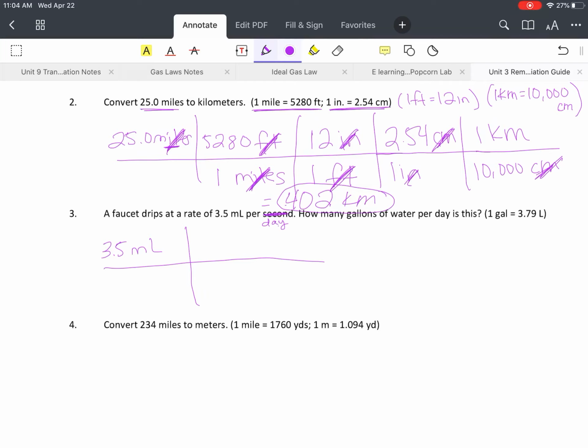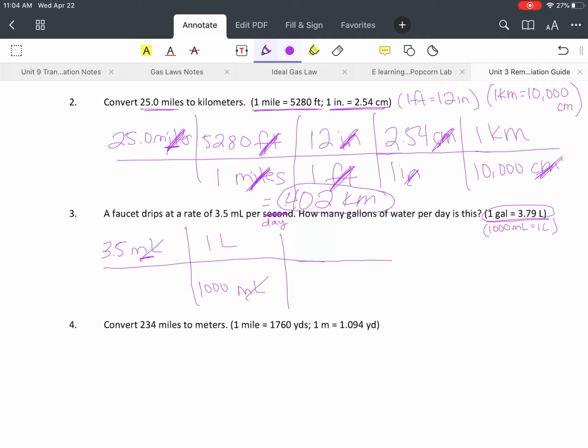I have milliliters, so I need to get my milliliters into liters so I can convert to gallons. There's 1,000 milliliters in 1 liter. So what has to be on the bottom? I have milliliters, which means I need milliliters on the bottom. So that's where I use my 1,000 and my 1 liter, because they're equal to each other. My milliliters have canceled.